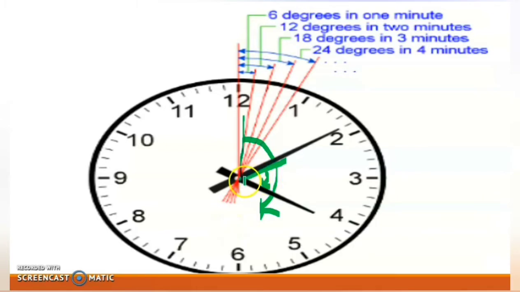At, say, when the minute hand reaches somewhere around here and the hour hand is somewhere over here, the two will make the angle 90 degrees.